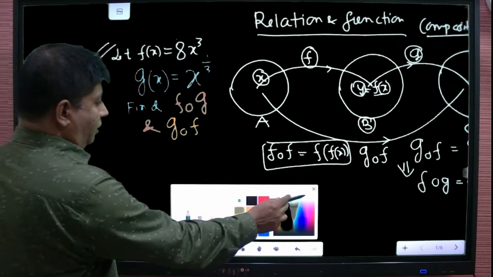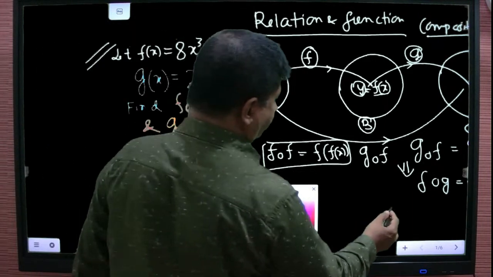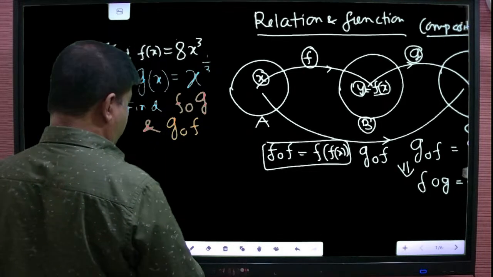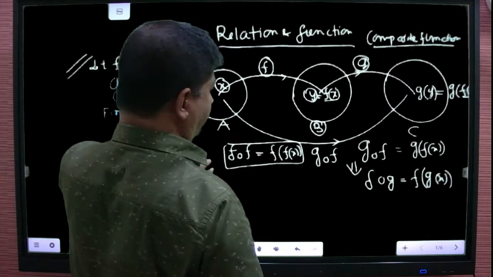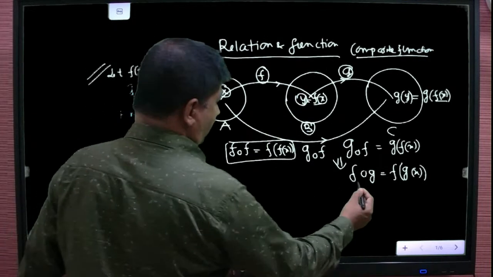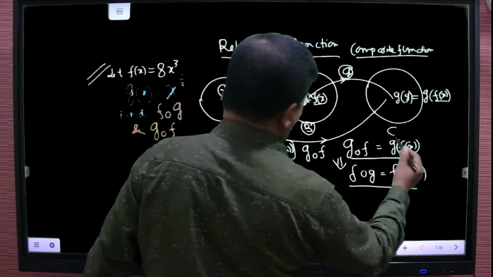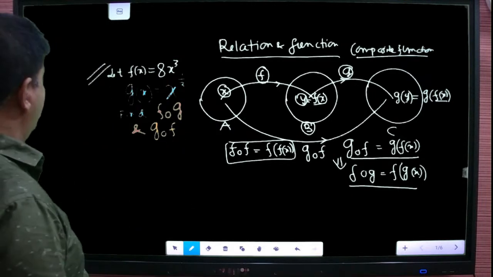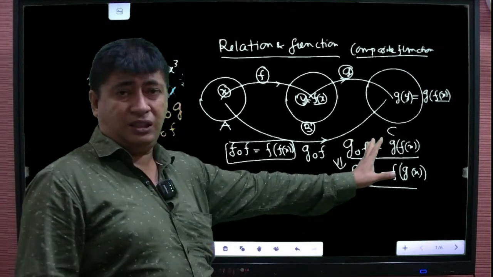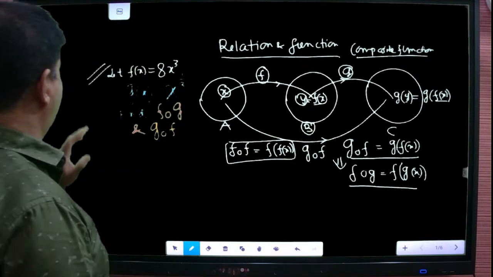We have got the idea of f o g. f o g means f of g(x). g o f means g of f(x). So, how can we implement that concept of composite function in this sum?